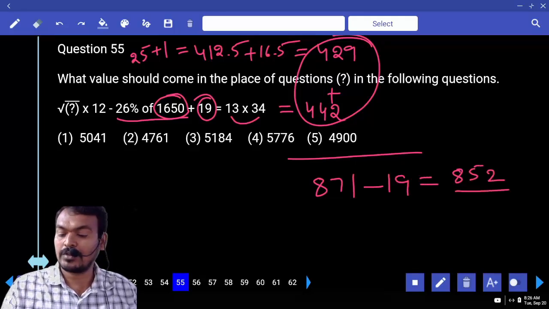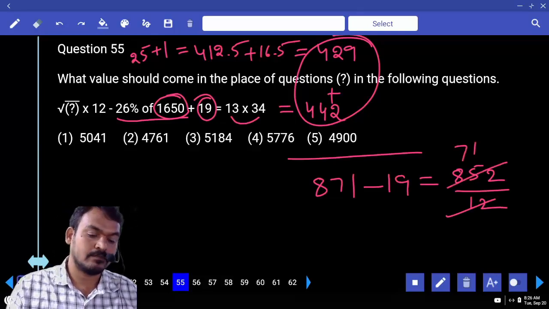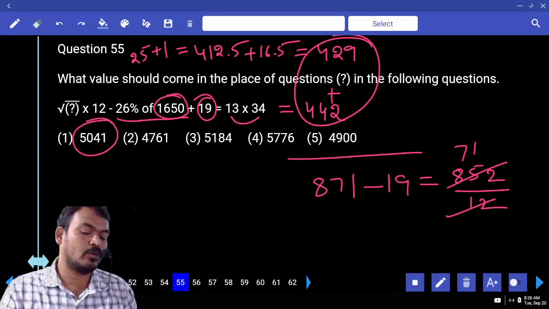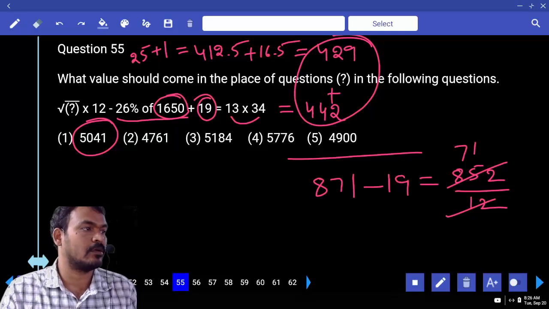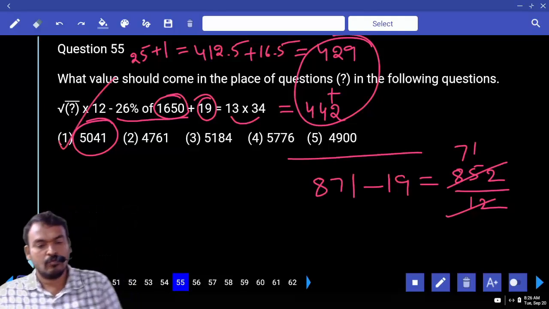It is divided by which one? 12. 12 how many times? 71. What is the 71 square? 5041. Because it is more than 70 square or less than 70 square? More than 70 square. Then the answer must be more than 4900. How much? 5041.